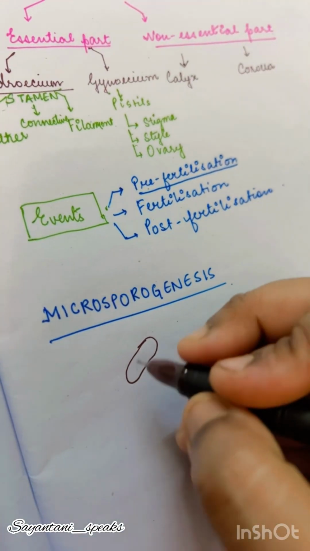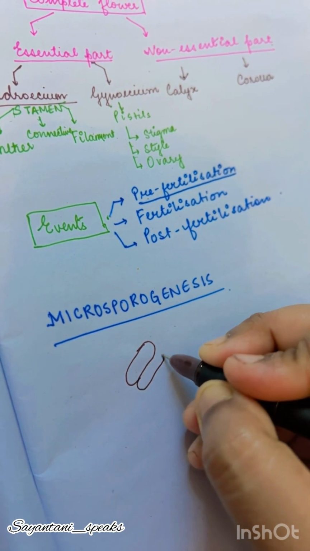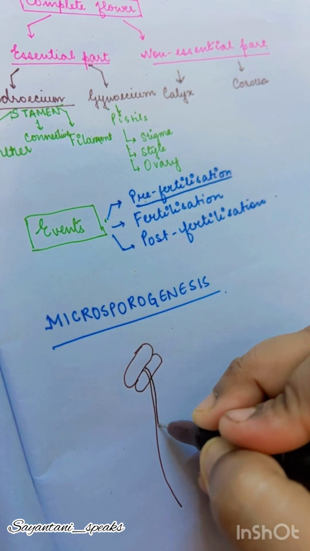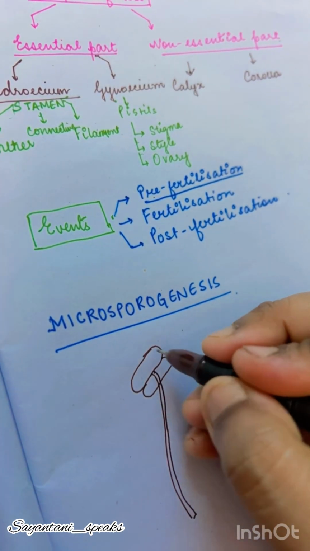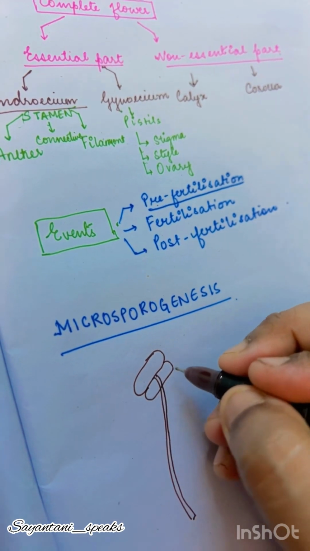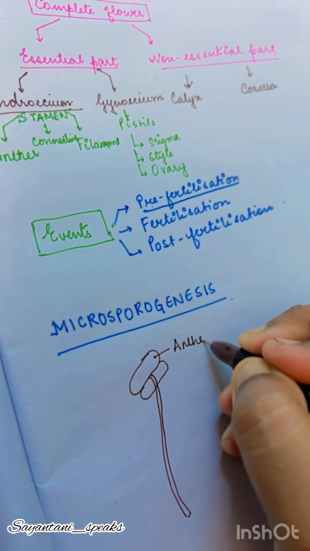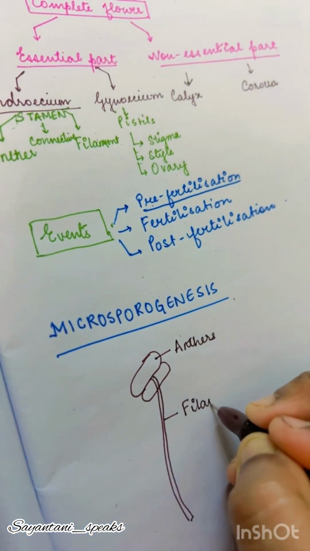Just to discuss the structure of the stamen, I'll draw a simple diagram of the stamen, which we already did at class 11 level. These are the bithecous or dithecous, bilobed anthers, and this is the filament.